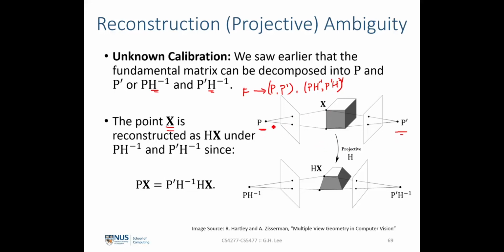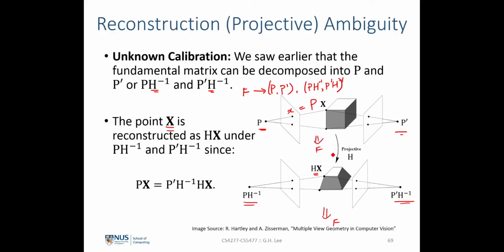What this means is that if we take the projection of X that is reconstructed earlier on, using the camera projection matrix onto the image point small x, this would be equal to P multiplied by capital X. And if we take the 3D structure that is recovered earlier on and distort it under a projective transformation denoted by H, and apply the same projective transformation onto the camera projection matrices, then P H inverse and P prime H inverse will give rise to the same fundamental matrix as P and P prime.